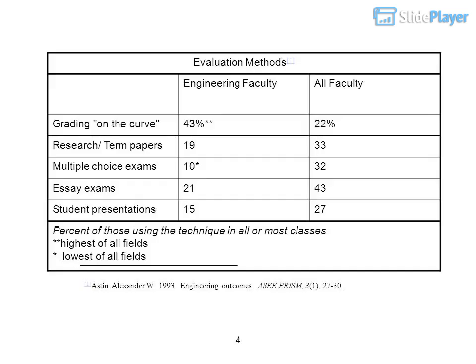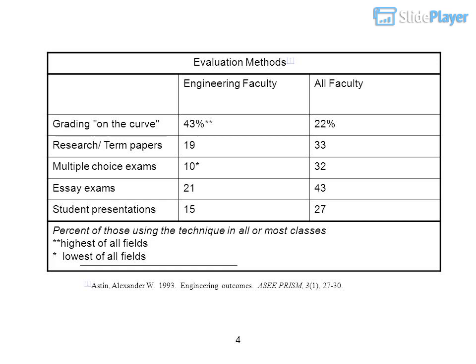3. Student Presentations. Evaluation Methods, engineering faculty versus all faculty. Grading on the curve: 43%, 22%. Research/term papers: 19, 33.